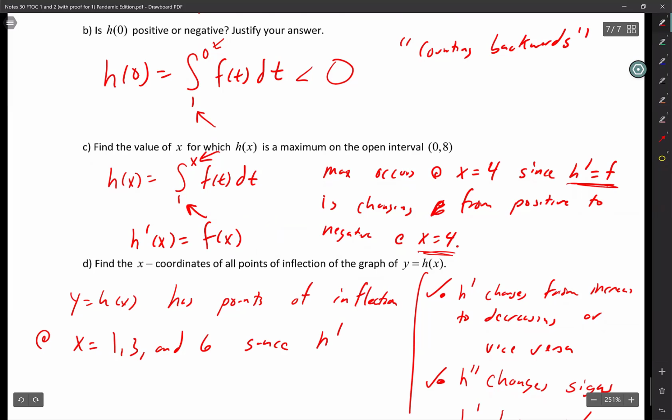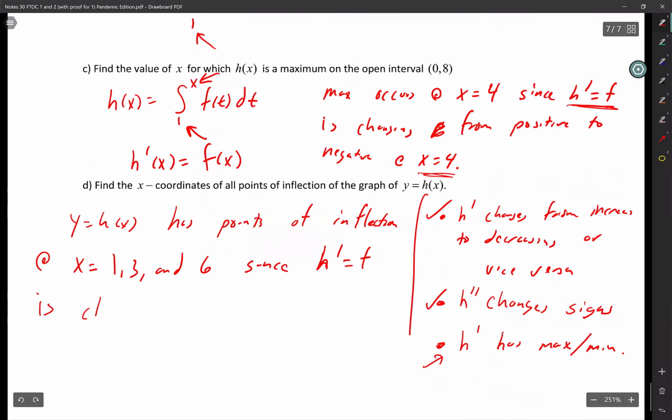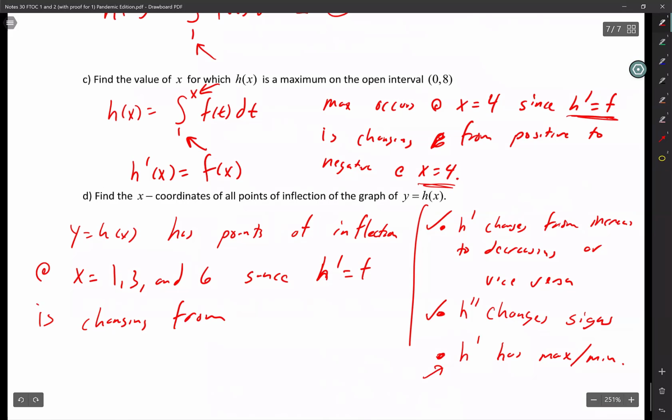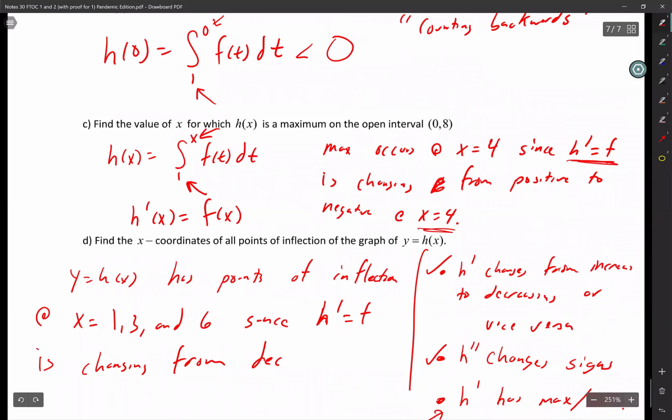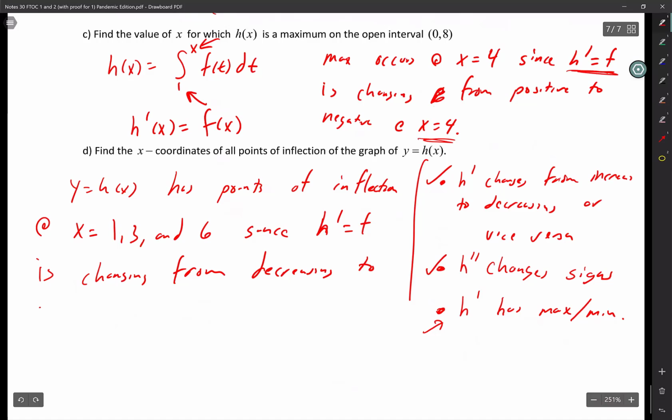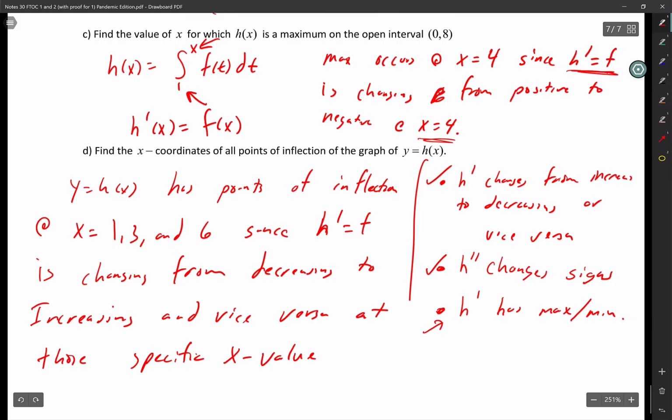since h prime, which equals f, is changing from, and I always like to do the first one first, decreasing to increasing, and vice versa at those specific x values.